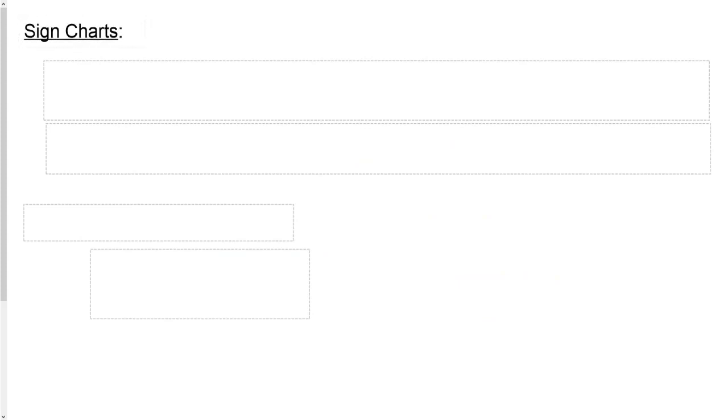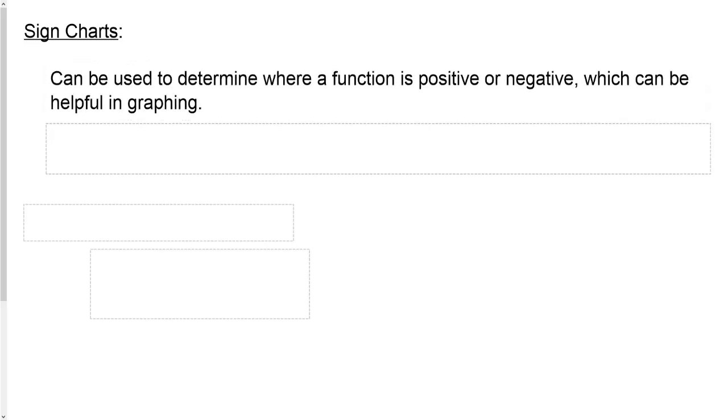Lastly, another thing that can be helpful if you're just not sure where things are supposed to go on your graph is a sign chart. And it can be used to determine where a function is positive or negative, and it can be helpful in graphing. It's not necessary to do.